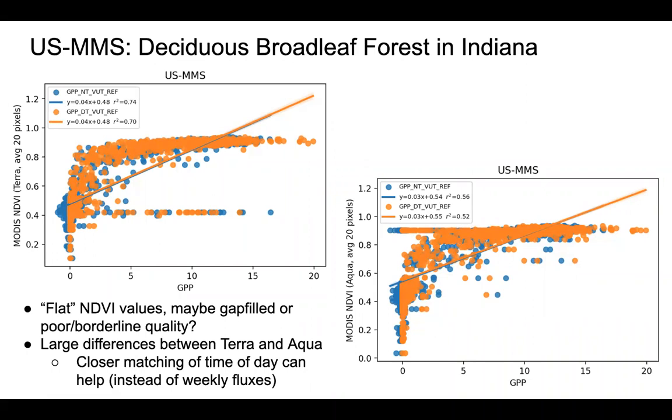That way you would have a more comparable condition for both the satellite collection and the tower measurement that is happening at that time. So just a little suggestion going forward there.